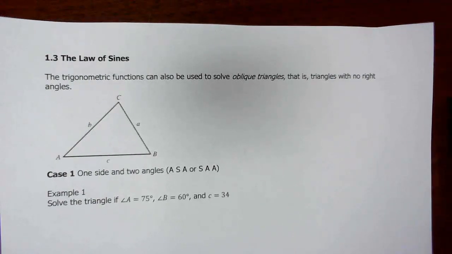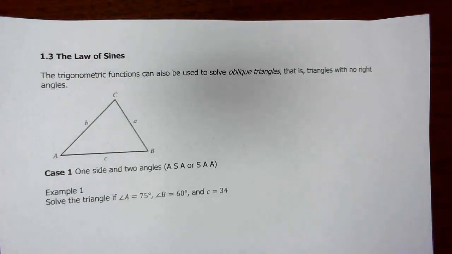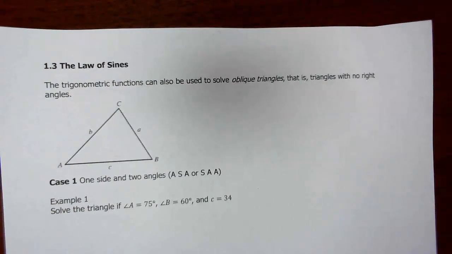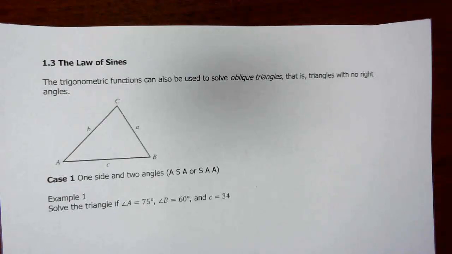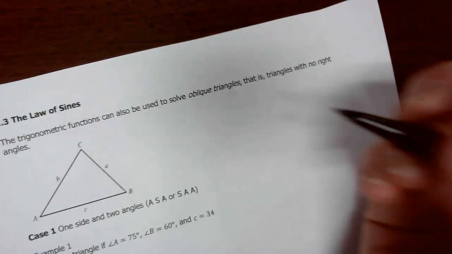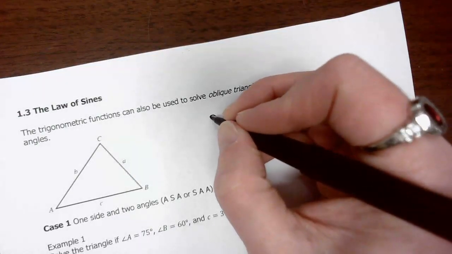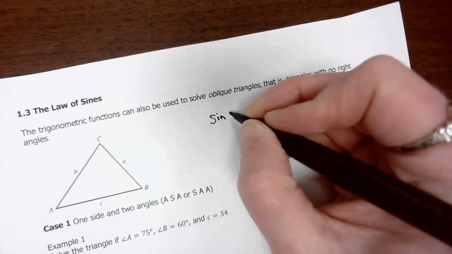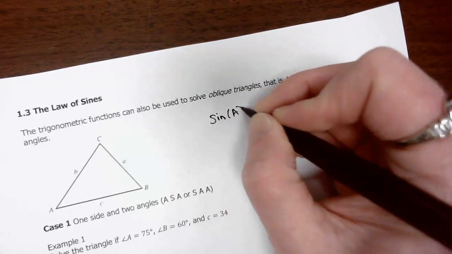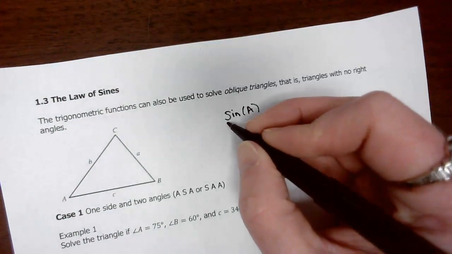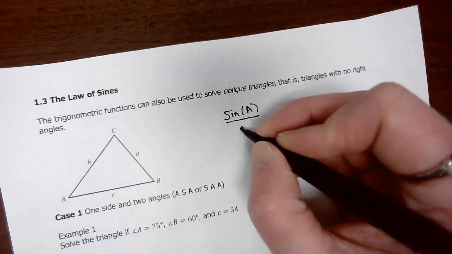Now the relationship it gives us is this rule. So I'm going to write it in dark blue. Okay, so the sine of angle A over little a.